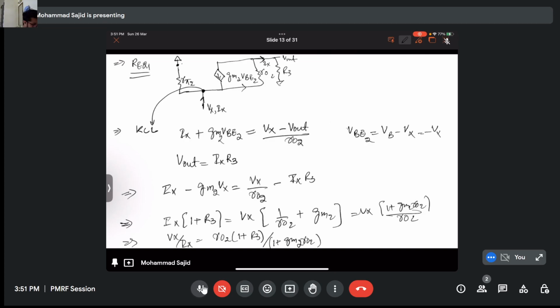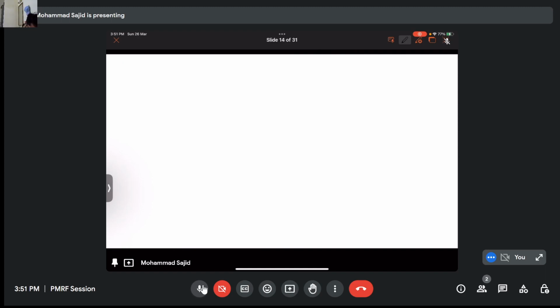Is this correct? Yes, it is correct. So we found this resistance. Now our total looking into emitter of Q2 will be R pi 2 parallel to R equivalent Q2, right? Not solving this, please do it yourself.